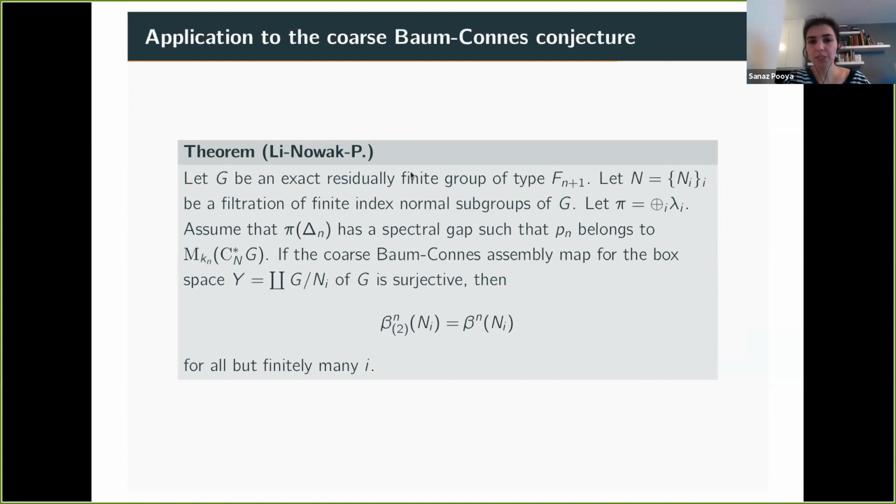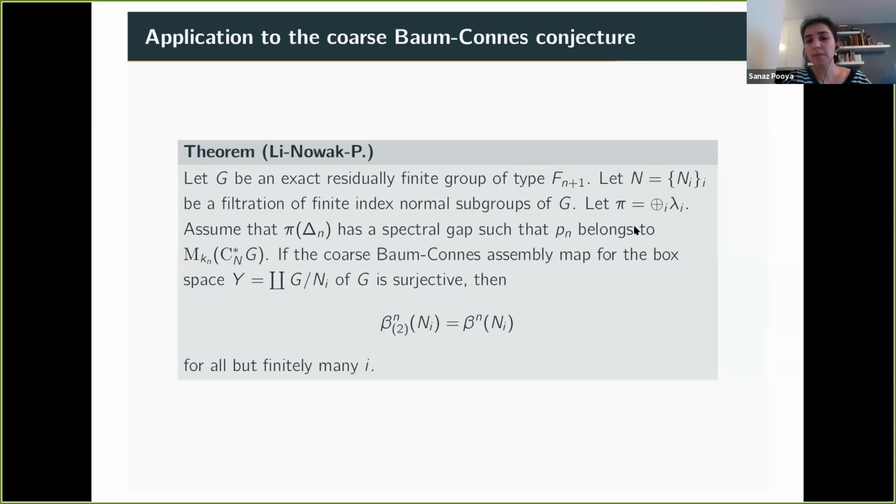So we have a residually finite group. We take a filtration, let's denote them by N_i. This means that we take finite index normal subgroups of G, such that this is a descending sequence of N_i's, and they intersect trivially. So this is what I mean by a filtration of these finite index normal subgroups.